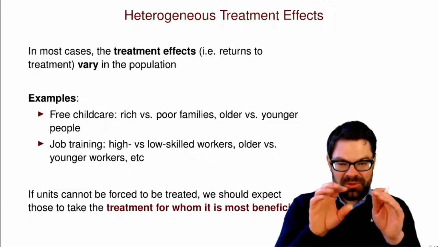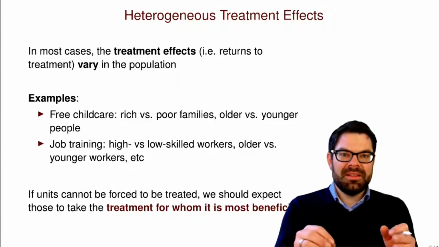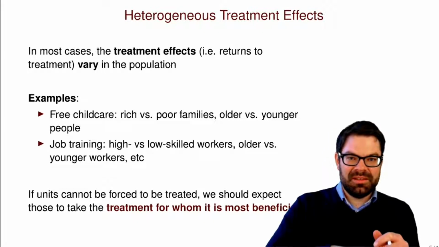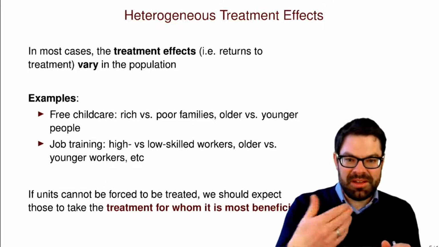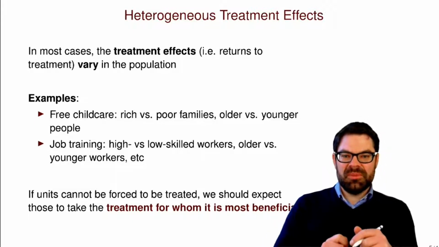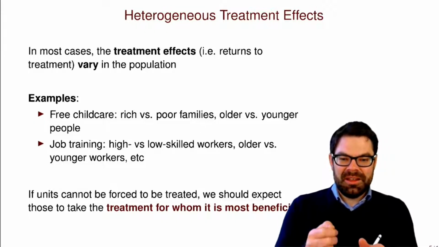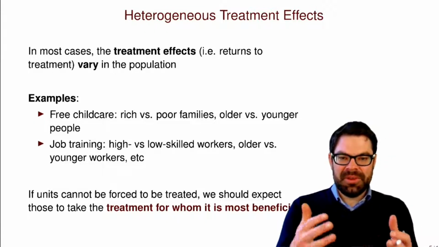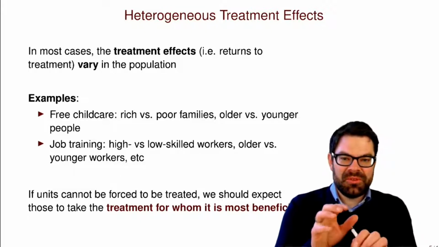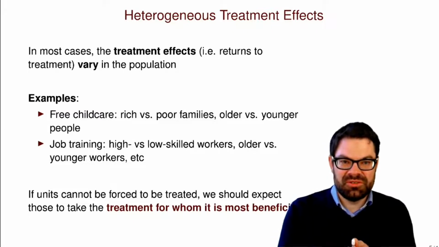And so when we put these heterogeneous returns to treatment together with the fact that people can select into the treatment, either because they can genuinely select into the treatment, or because they were randomly assigned the treatment but then have to decide whether to take it up or not, then we obviously have a situation where we need to clearly understand how those heterogeneous effects are related to selection into treatment.